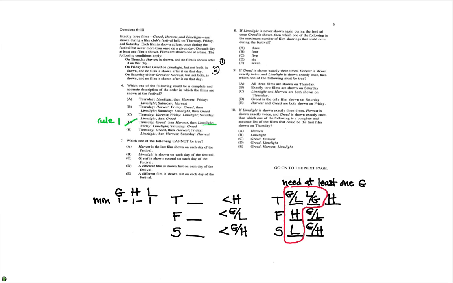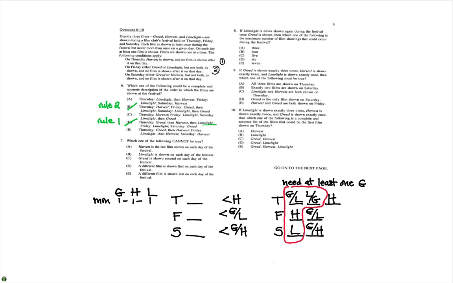Nothing after it. A is fine. B, on Friday we have Greed and then Limelight. But rule 2 says Greed or Limelight, but not both. B has both Greed and Limelight. So B clearly violates rule number 2 and therefore would be eliminated.